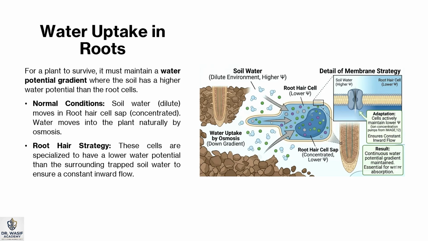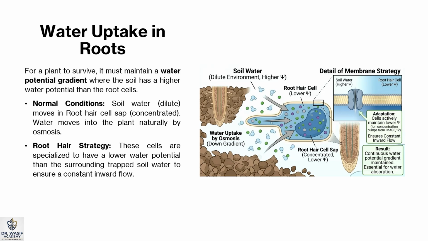It has very few dissolved minerals, which means it has a high water potential. Inside the plant, however, the root hair cell sap is quite concentrated with sugar and salts, meaning solutes. Because the soil is high and the root is low in terms of water potential, water moves into the plant naturally by osmosis.